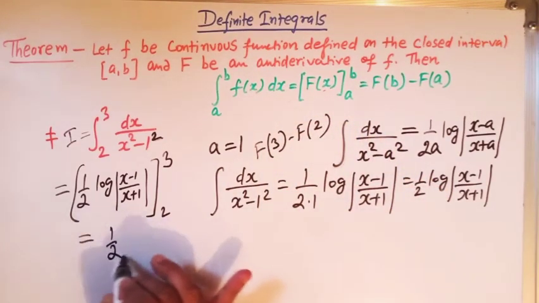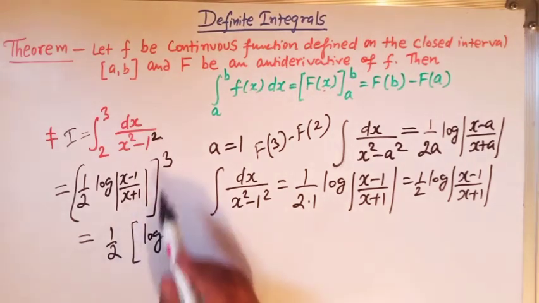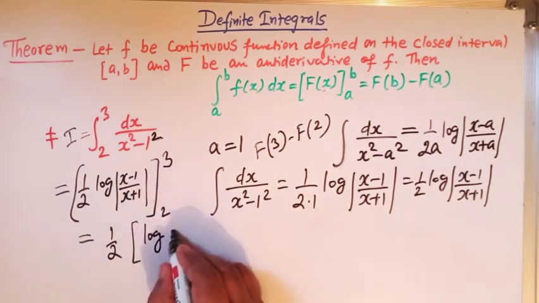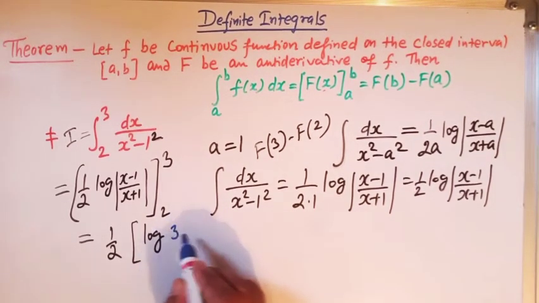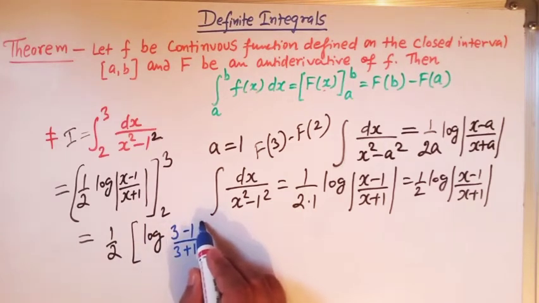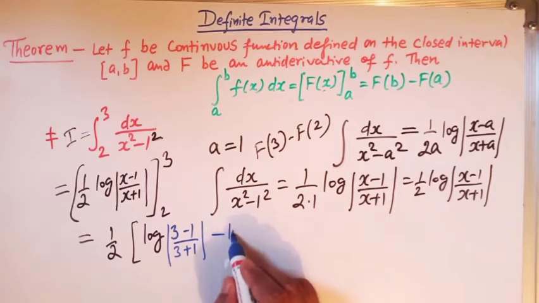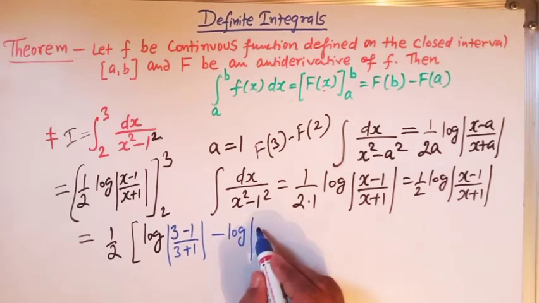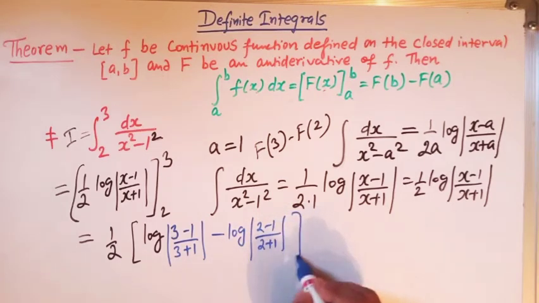So this is half, and we have log, this is 3 minus 1 over 3 plus 1, and then we have log of 2 minus 1 divided by 2 plus 1, right?